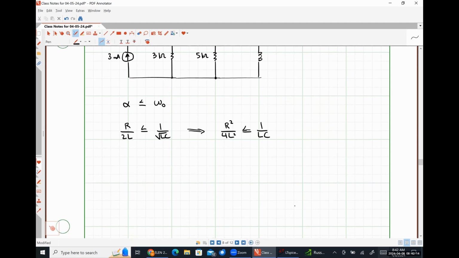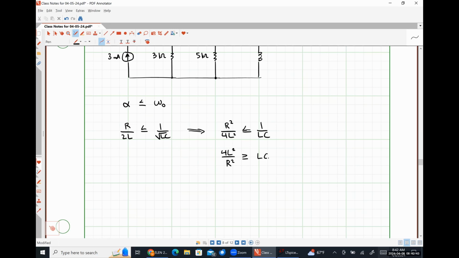So I think I can, and correct me if I'm wrong, I could say that 4L squared over R squared would have to be greater than or equal to LC, right? So if I flip my fractions over, I need to flip the direction of my inequality sign, if I'm remembering correctly.